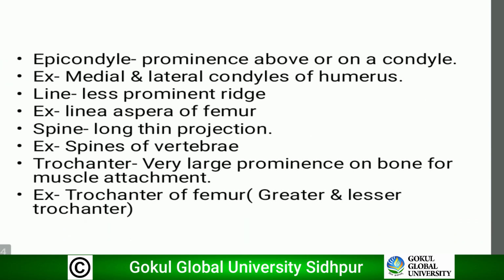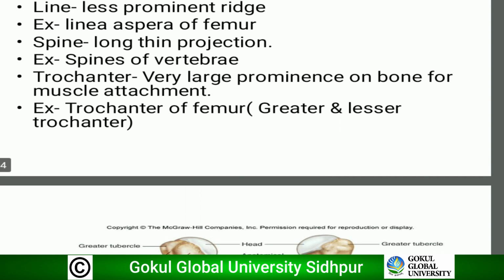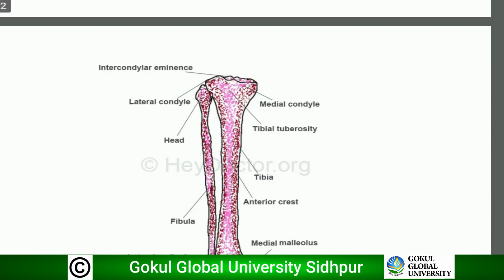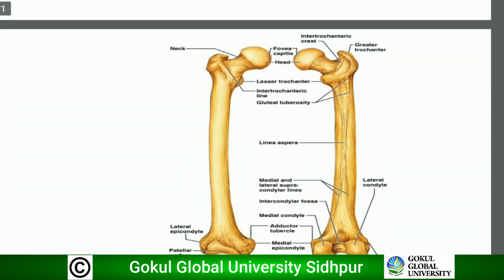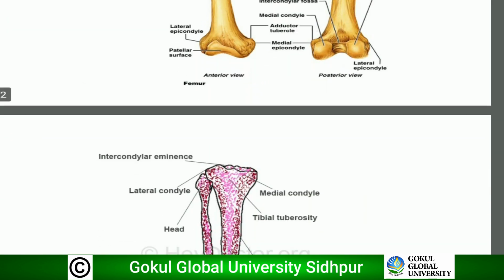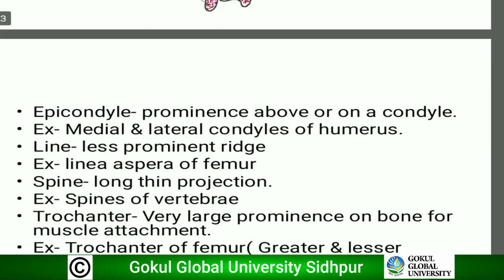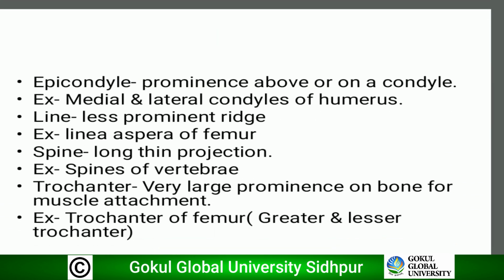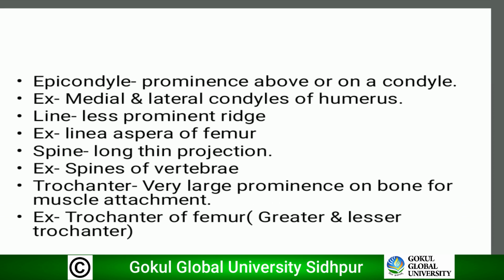Line, as I have discussed, is a less prominent ridge, for example the linea aspera of the femur. In this diagram we can see the linea aspera, a less prominent ridge. Spine, a long thin projection, as in the spines of vertebrae.